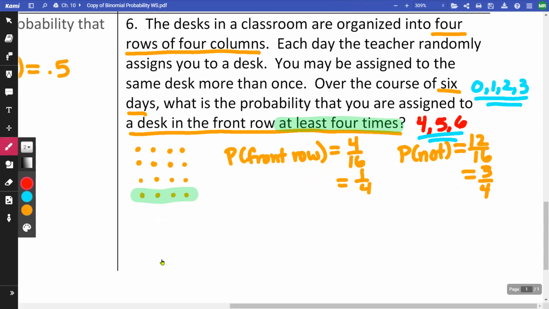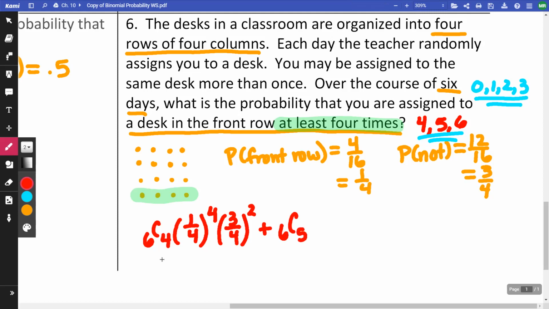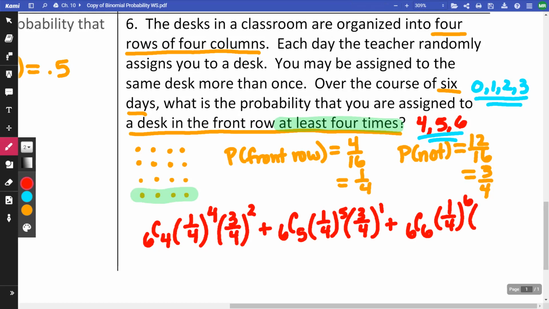So this is 6 days. 6 choose 4 times 1/4 to the power 4 and 3/4 to the power 2, plus 6 choose 5 for 5 days, 1/4 to the power 5, 3/4 to the power 1, plus 6 choose 6 times 1/4 to the power 6 times 3/4 to the power 0.